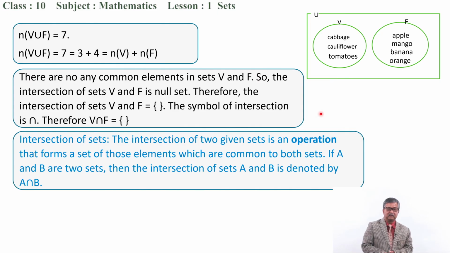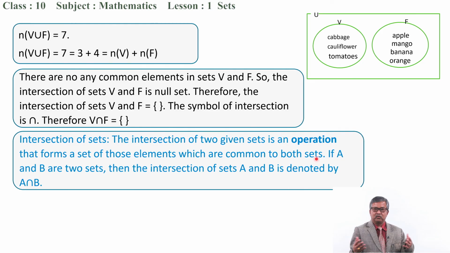The definition of intersection of sets we can define like this: the intersection of two given sets is an operation, like union. Union is also an operation on sets. Similarly, intersection is also an operation on sets. It forms a set of those elements which are common to both sets.